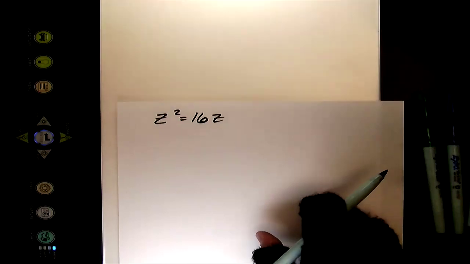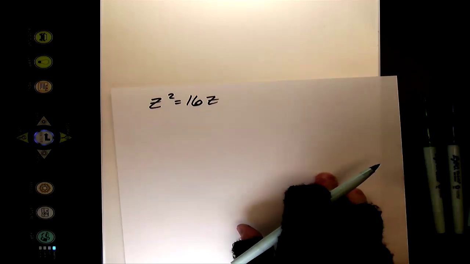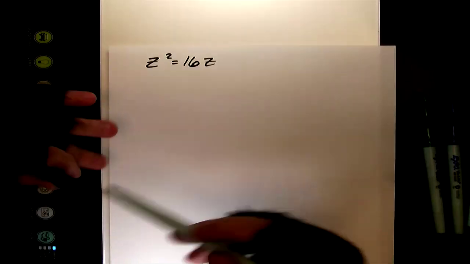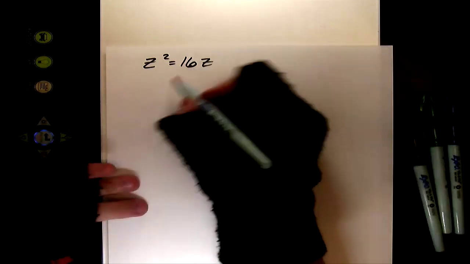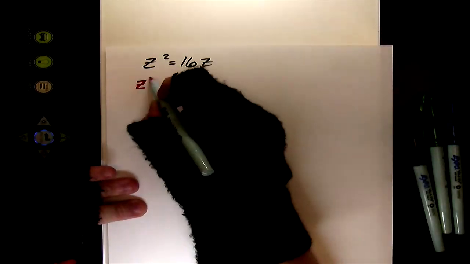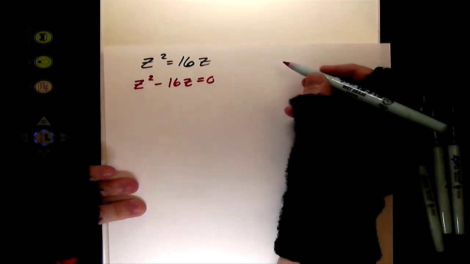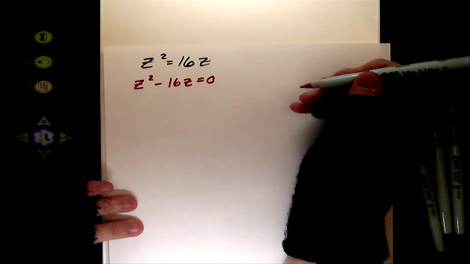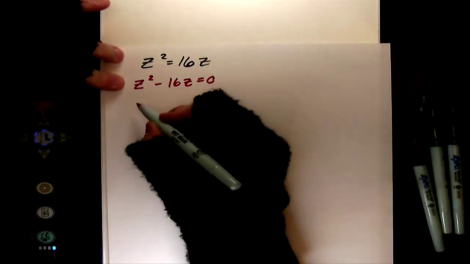The reason why I put one like here is because this is a common mistake even from end game math and physics and engineering students. The correct approach is to subtract the 16z over. And we get z squared minus 16z equals 0. If we look for greatest common factor, we get z.